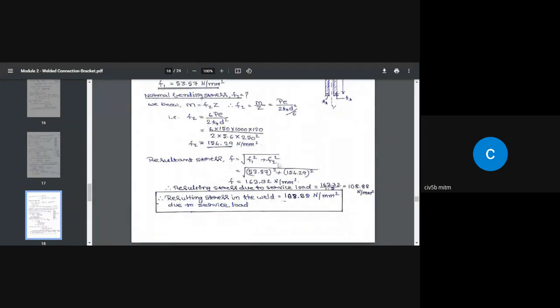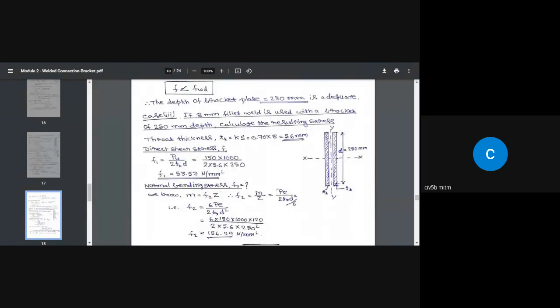So then what is the resultant stress F? Bending stress is acting like this. Shear stress is acting like this. Both of them are 90 degrees apart, so the resultant will be acting somewhere along this.